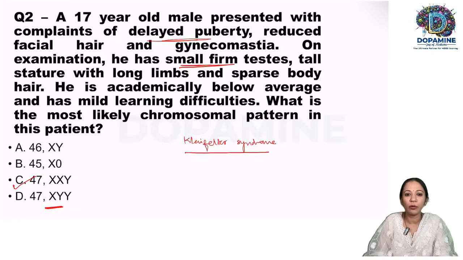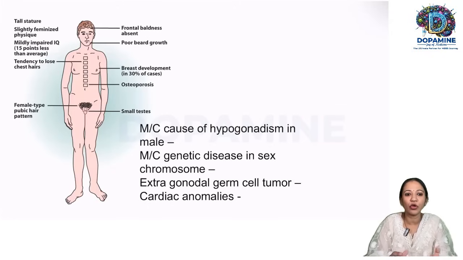So something more about this Klinefelter syndrome. We are all aware that the person will be tall, slightly feminized physique will be there with mildly impaired IQ, tendency to lose the chest hair, and breast development in 30% of cases. So these people can have breast cancers. Because of hormonal imbalance, the persons can have osteoporosis, small, firm testis.